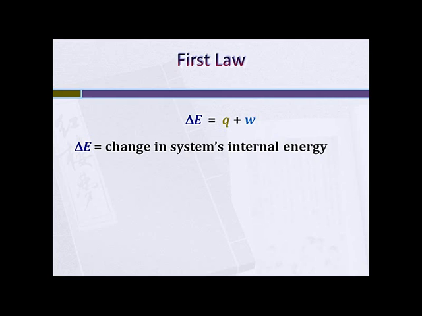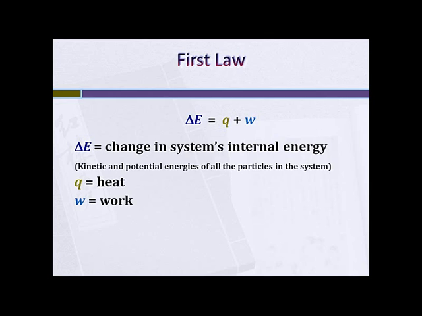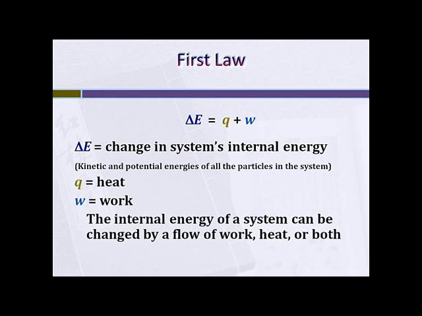If there is a change in the internal energy of a system, that is the kinetic and potential energy of everything there, then it can be summed up as some heat was transferred and some work was done. The internal energy of a system can be changed by a flow of either of those, or both of them.